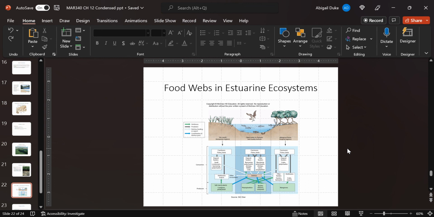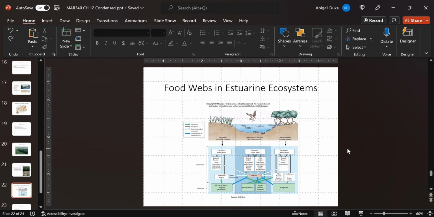All right, this image that you see right now is on page 292. It is figure 12.24, and the description says generalized food webs in estuarine ecosystems, salt marshes to the left, occur in temperate regions, mangroves to the right, in the tropics. You have different arrows that show herbivory, the green ones, which go all over the place.